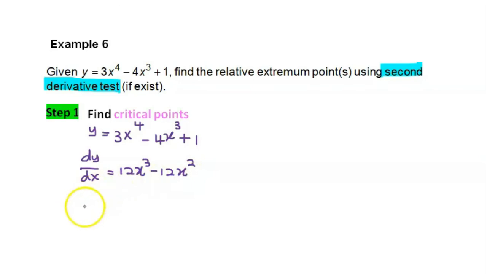Next, we will equate this first derivative to 0. In order to do this, the function 12x to the power of 3 minus 12x to the power of 2 needs to be equated to 0.